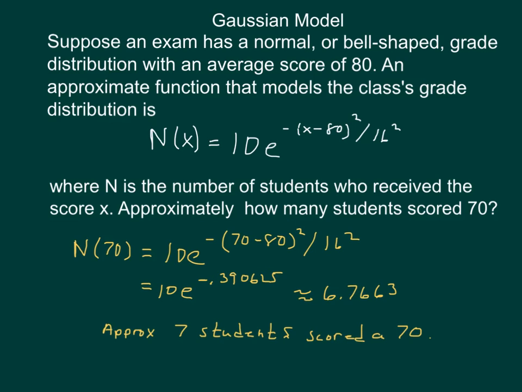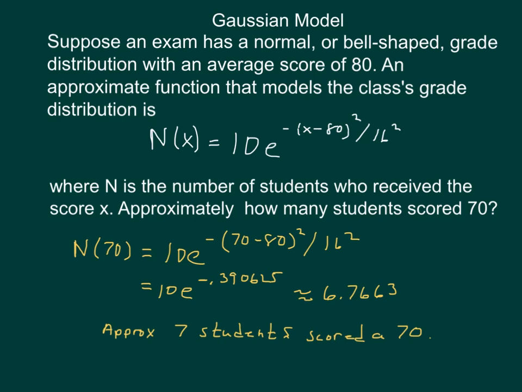So when I put that exponent into the calculator, I get that this is equal to 10e to the negative 0.390625. And plugging that into the calculator, when I finish up that calculation, I get that that's about equal to 6.7663. So I know that there's going to be about 7 students that scored a 70.